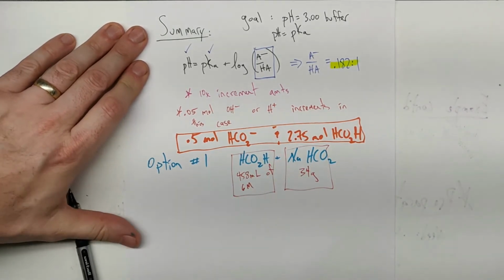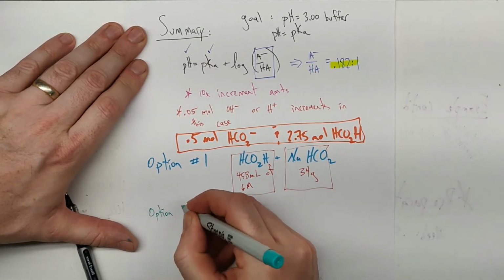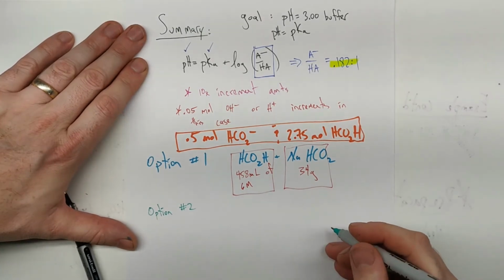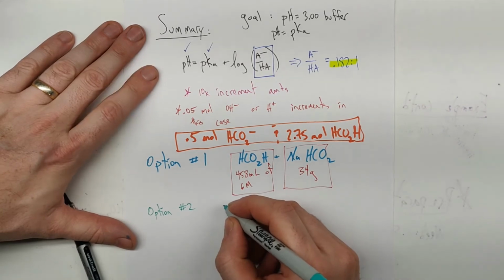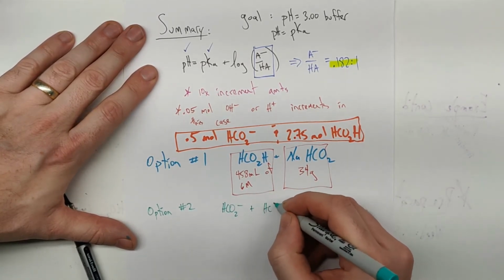We said there's another way that you can do that. We declared that was option number 2. And for option number 2, we were using a strong acid with our conjugate salt. So we said we've got HCO2 minus with HCl.